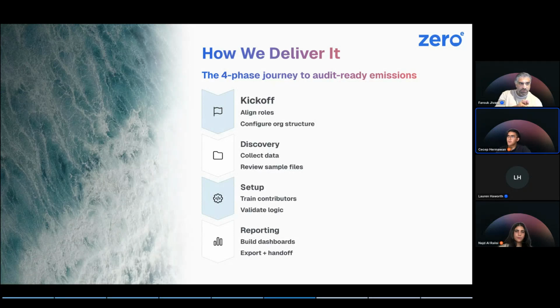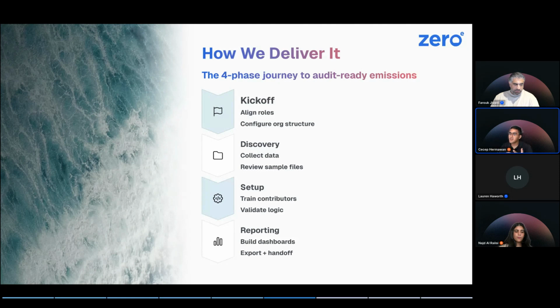Okay, so I guess there are 4 big steps here, but let's start with the first one. We generally start with a kickoff. We go into the organization we are deployed in, for example company A, and start to understand their entire business operations: their huge organization, the relationship between the holding and each of the entities, and how each physical location is operated.